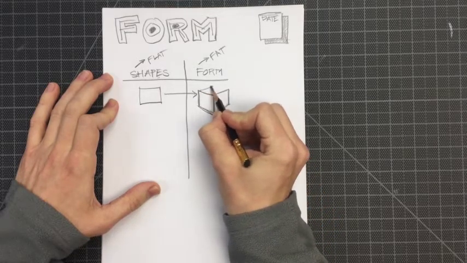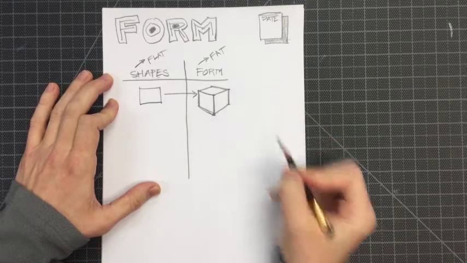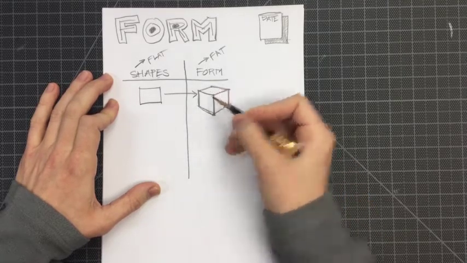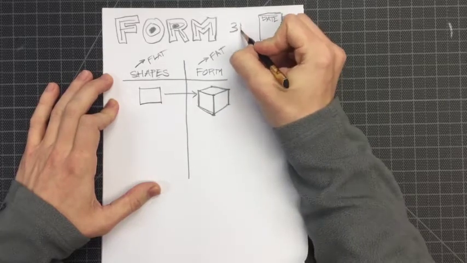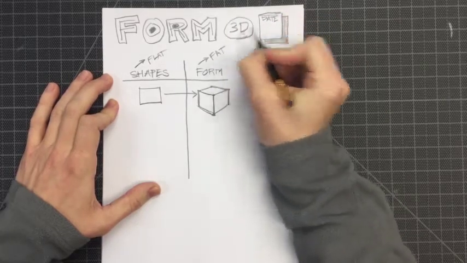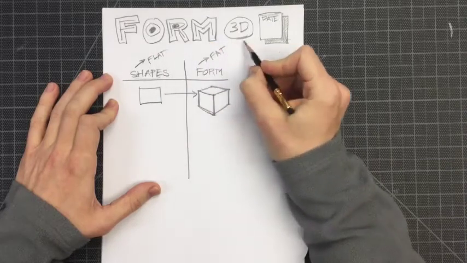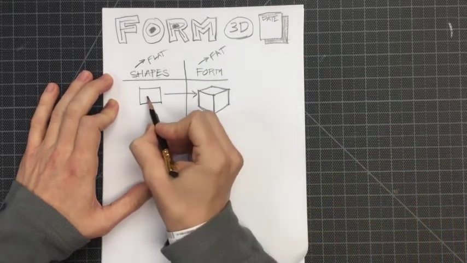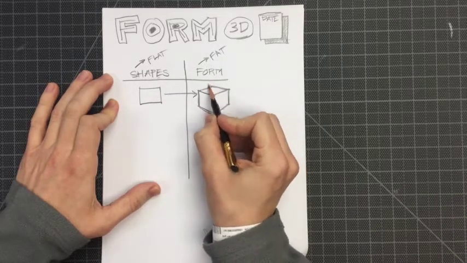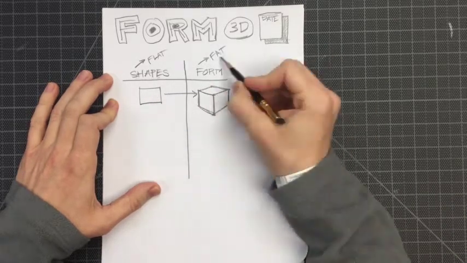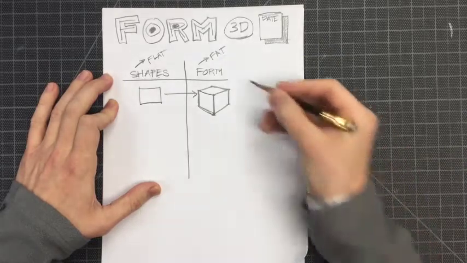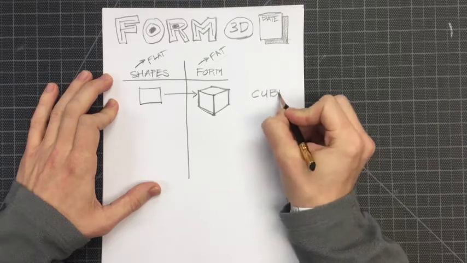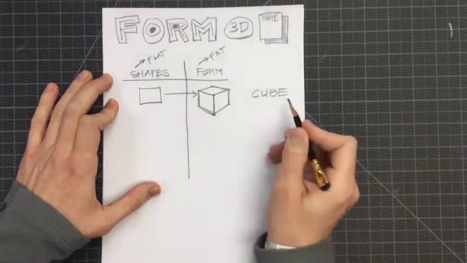And now I connect here and here. Now this becomes three-dimensional. Form is all about three-dimensional objects. So a square becomes a three-dimensional or a fat object called a cube. Please write cube next to the cube we drew.